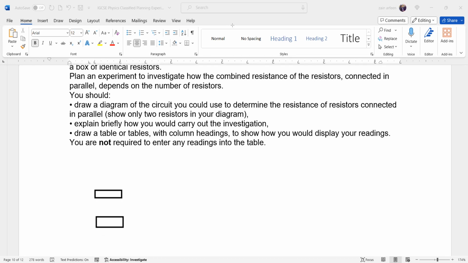If I want the total resistance of these two resistors in parallel, I need a voltmeter. How do we connect a voltmeter? In parallel to the component or in series? Parallel.